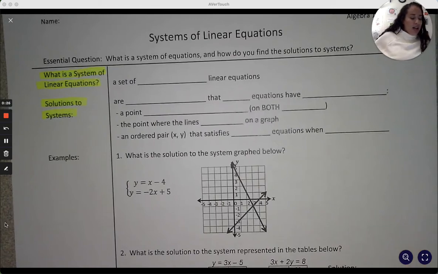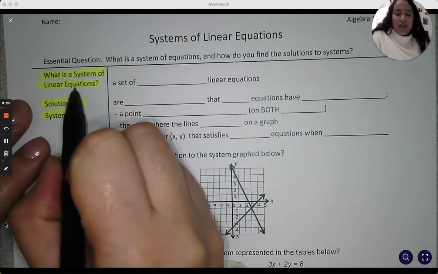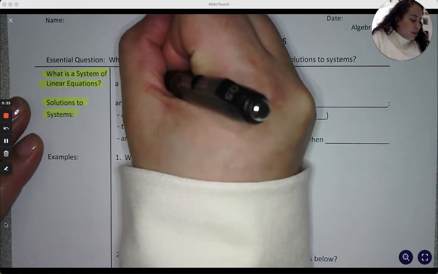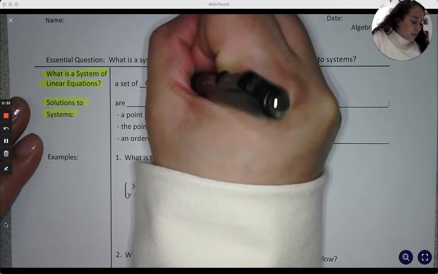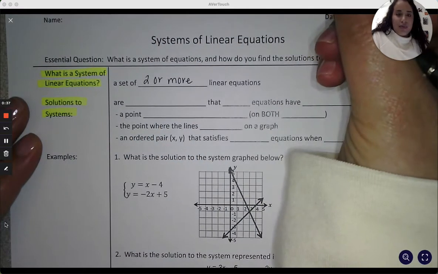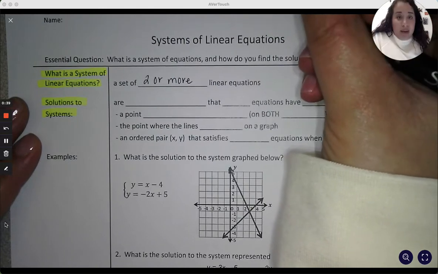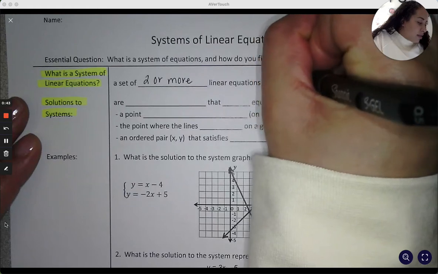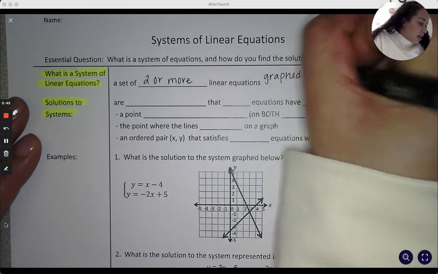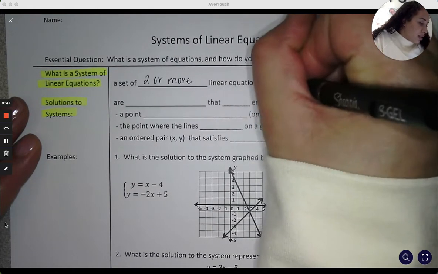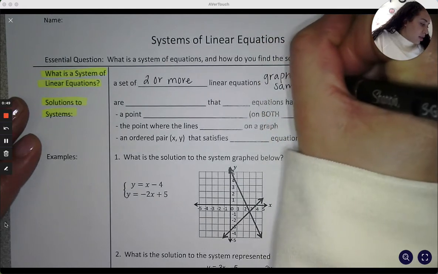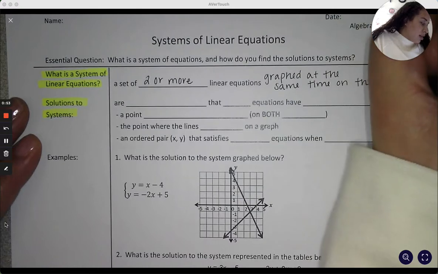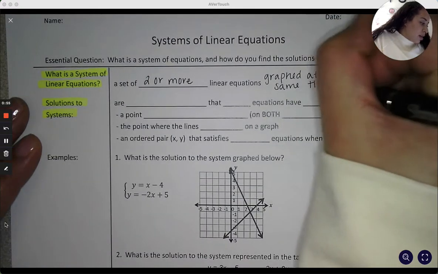So the system of linear equations is just a set of two or more linear equations graphed at the same time on the same graph.